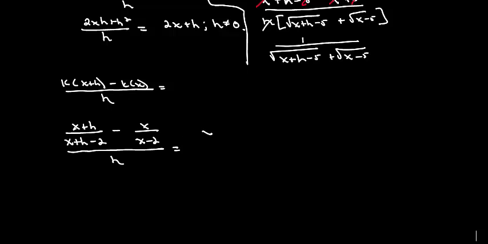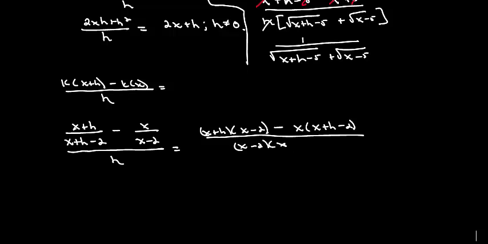So that's going to give me x plus h times x minus 2 minus x times x plus h minus 2, all over x minus 2 times x plus h minus 2, all over h. Now here we really can't do any factoring, so I'm going to just multiply everything out.